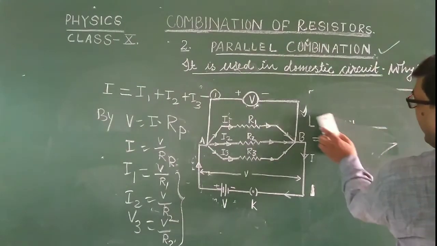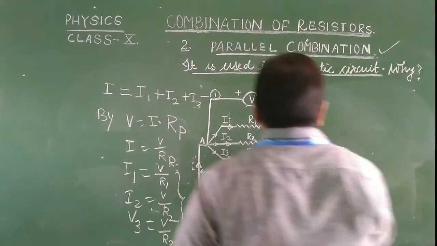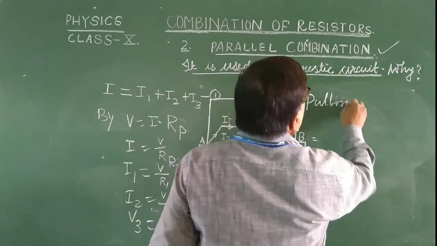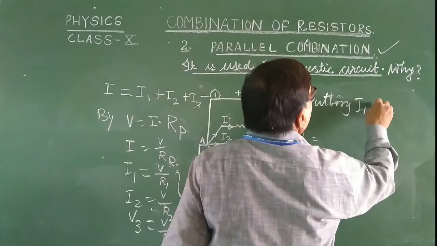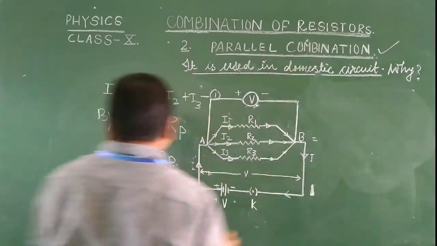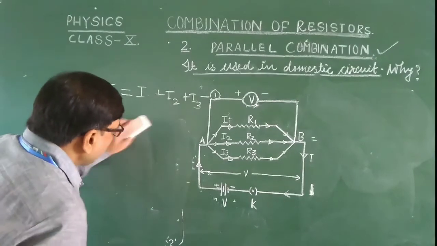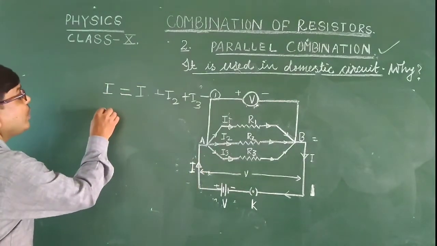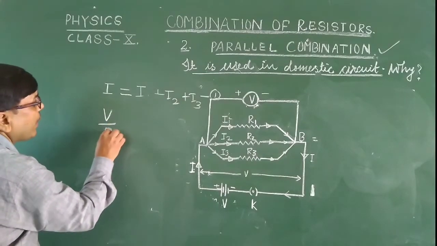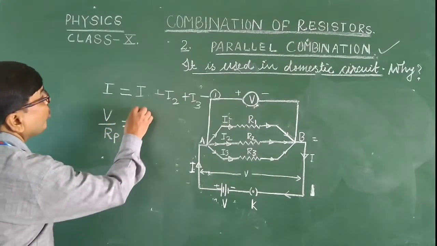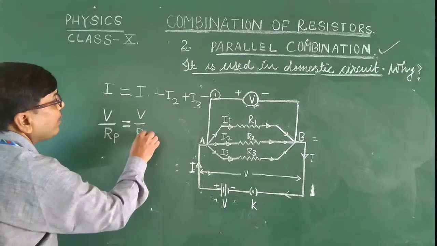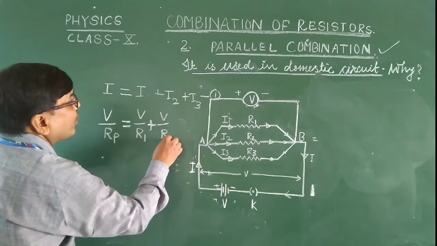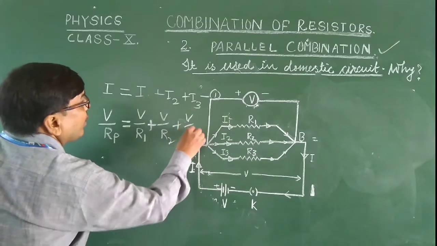So putting the value of I1 here, we can write now, just see here: V upon Rp is equal to V upon R1 plus V upon R2 plus V upon R3.